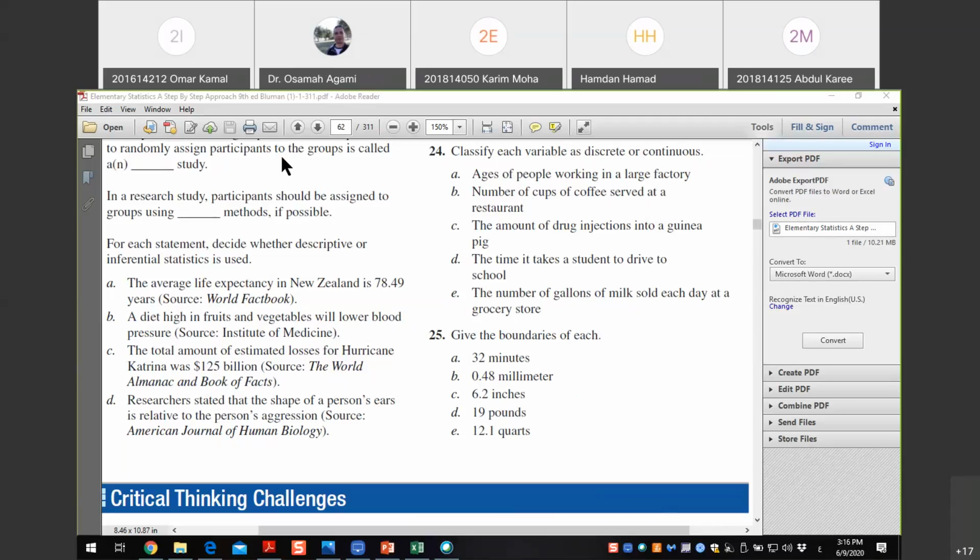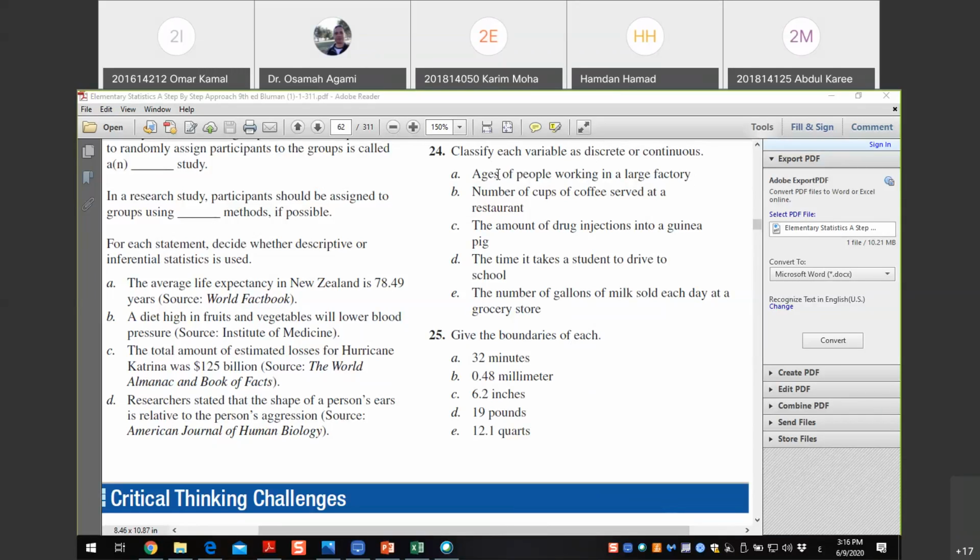I didn't understand the gaps and the difference between discrete and continuous. Okay. I will come back to 24. Age of people working in a large factory. The age in general is what? Discrete or continuous?